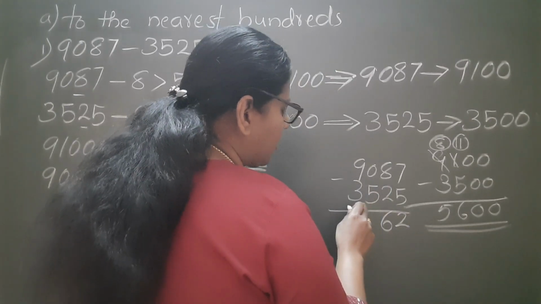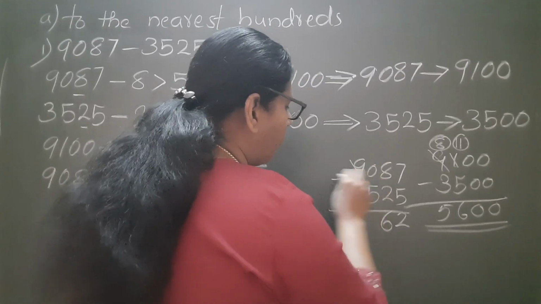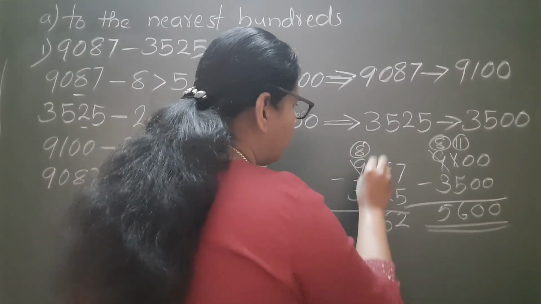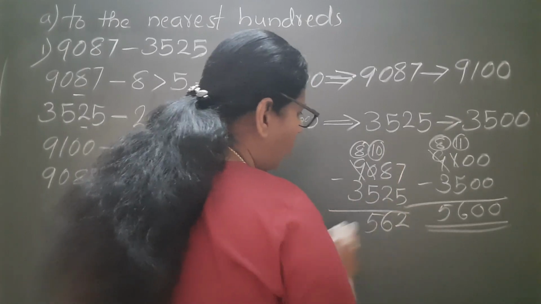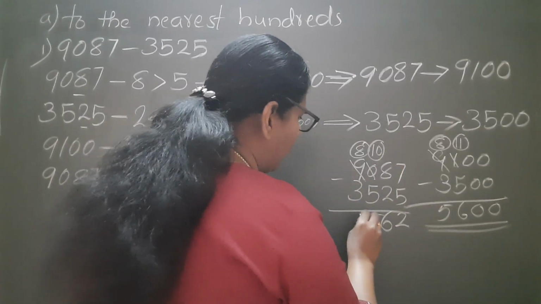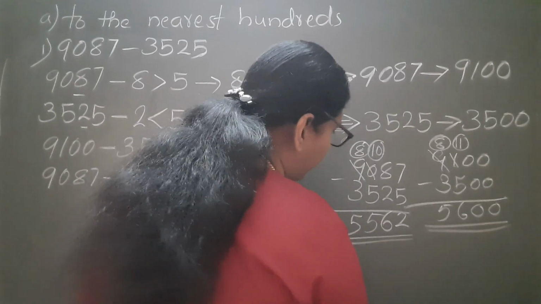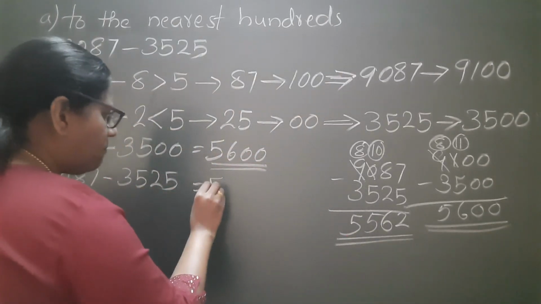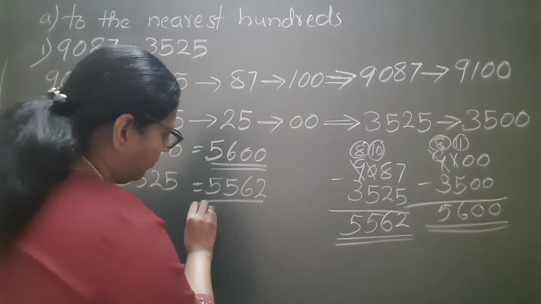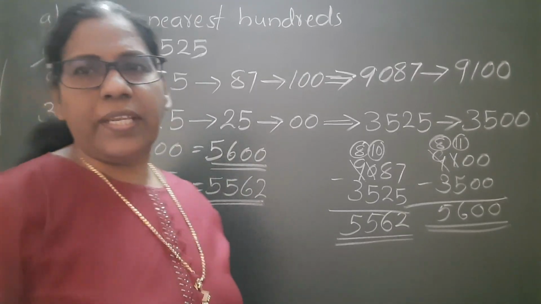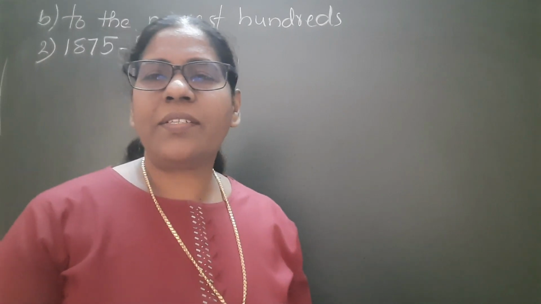From 0 we cannot subtract 5, so we have to borrow from 9. 9 becomes 8. 0 becomes 10. 10 minus 5 is equal to 5. 8 minus 3 is equal to 5. So the actual difference is 5562. It's very easy. Let's do the second one.